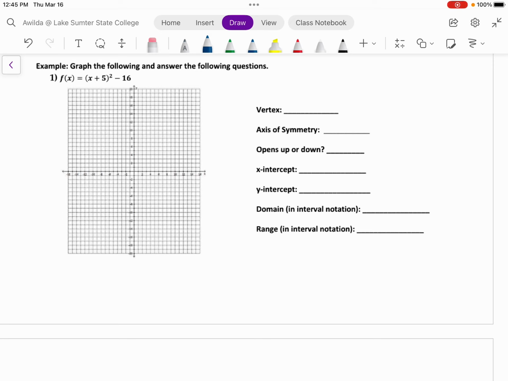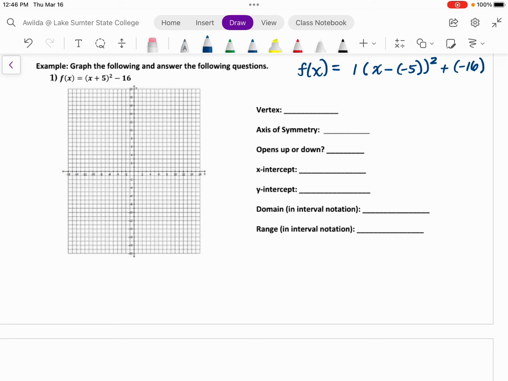So what we have here is f of x equals, I don't see a coefficient in front of the parentheses, so I can assume that there is an implied positive 1 in front of that set of parentheses. Then we have x minus a negative 5 quantity squared and then a plus negative 16.